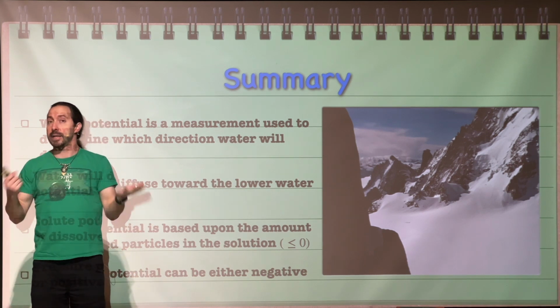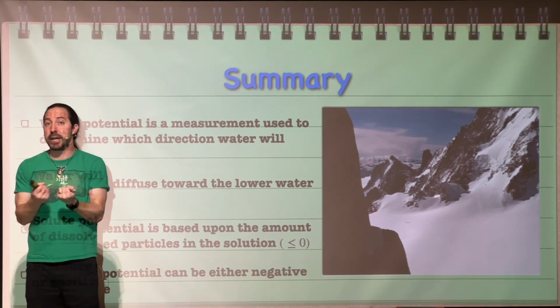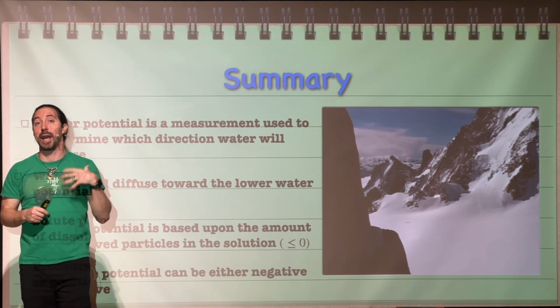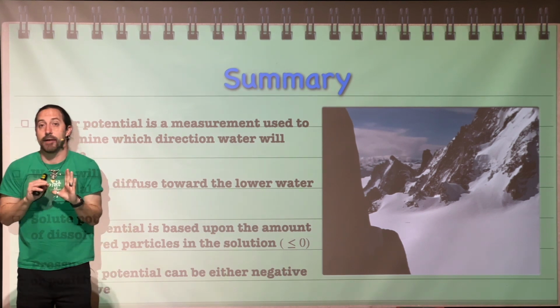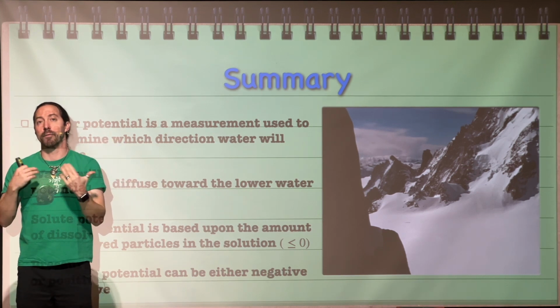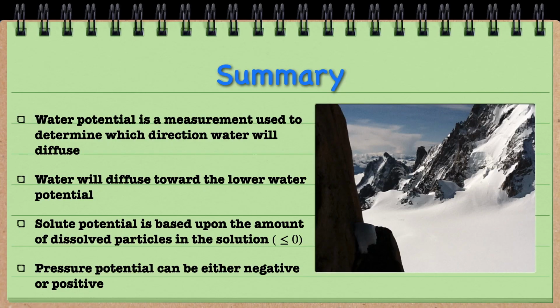Many times with a plant cell, we're going to end up with some positive pressure on the inside, which is good because remember, those plant cells want to have turgor pressure. They want to have that pressure exerted upon their cell wall, and that helps them have that rigid shape that they have. Animal cells, on the other hand, cannot have a positive pressure potential because that will cause them to lyse.